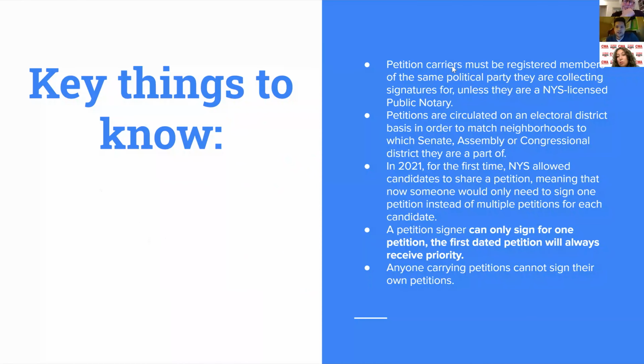The petition carriers must be registered members of the same political party. So you have to be a registered Dem. I hope you all are. Otherwise, you will not be able to carry petitions for Democratic candidates or to join the Democratic committee. And they're circulated on an electoral district by district basis.